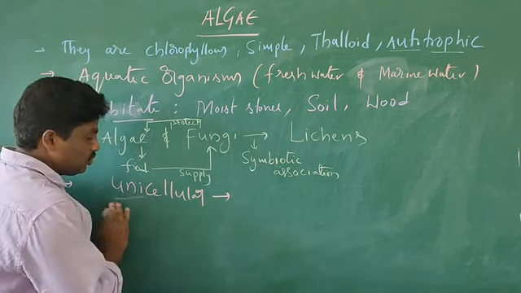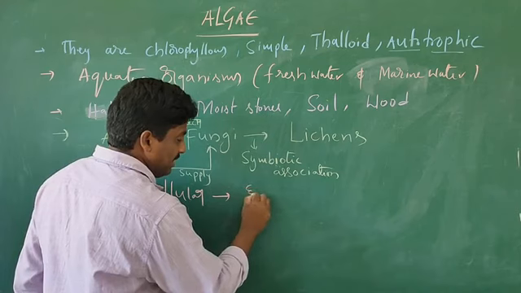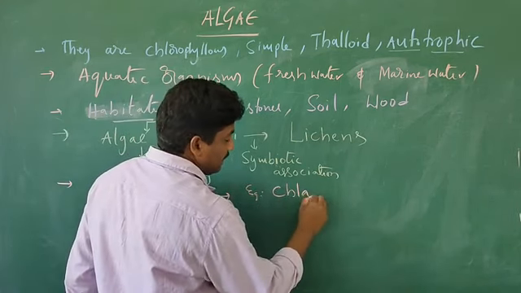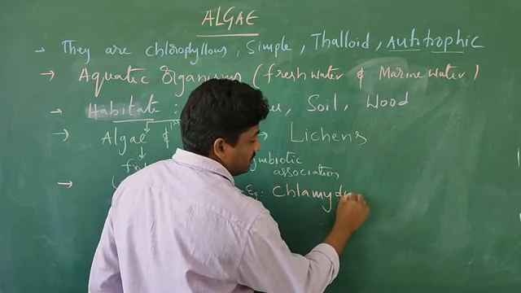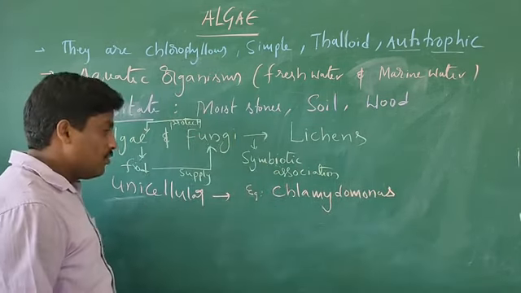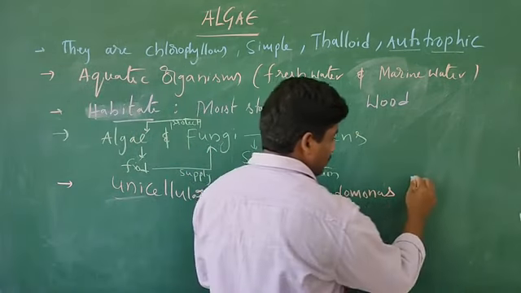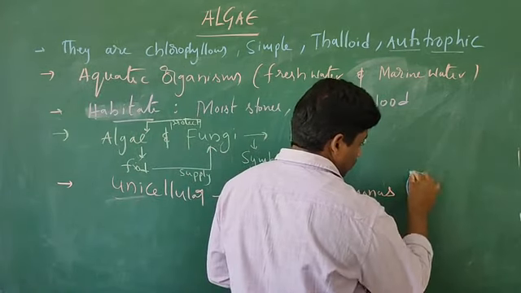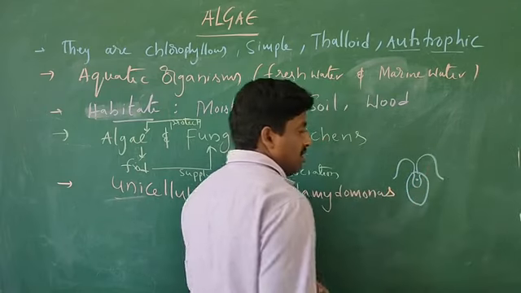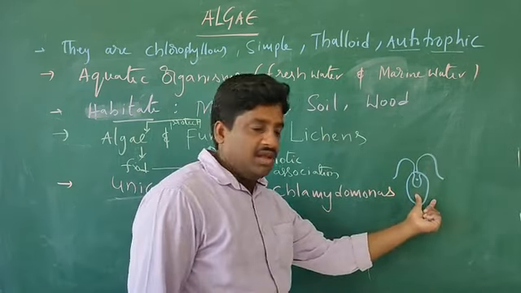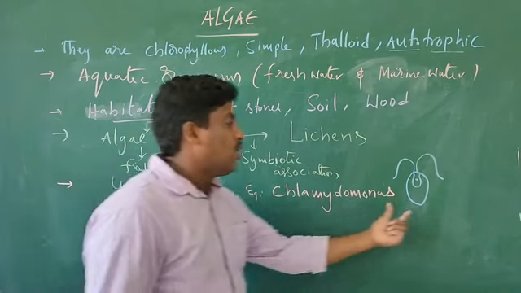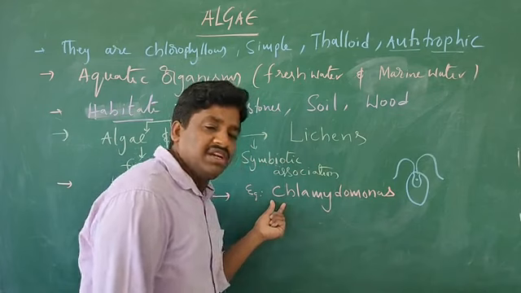An example of a unicellular organism is Chlamydomonas. You can see how it looks here. This is a single cell. Uni means single-cell organism. So the example is Chlamydomonas.